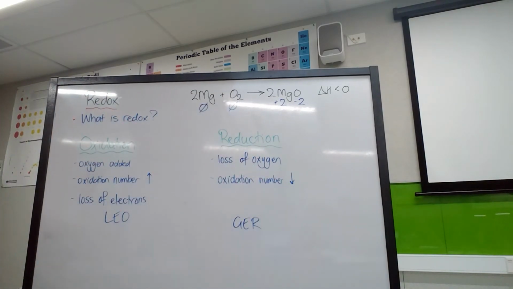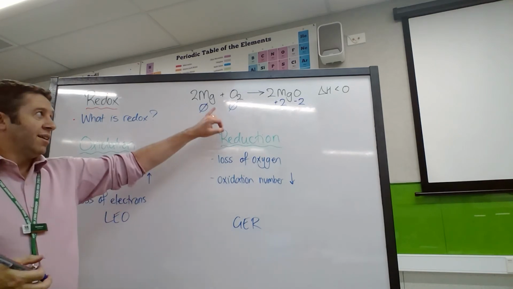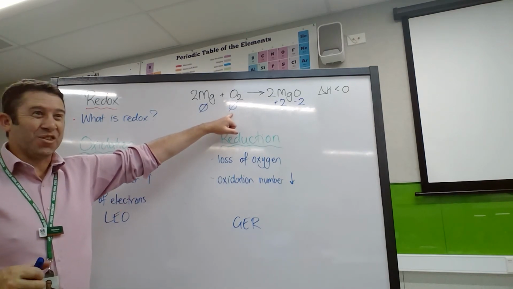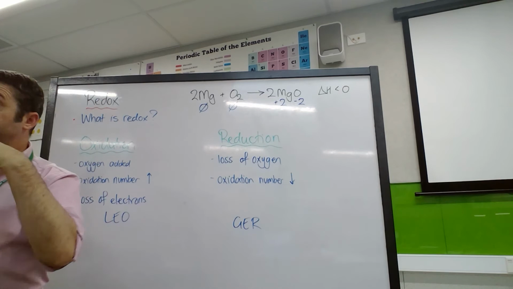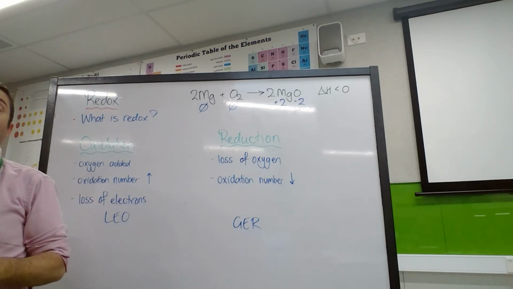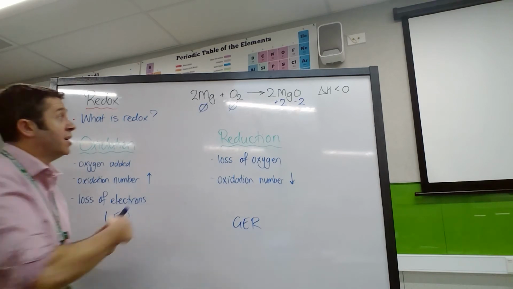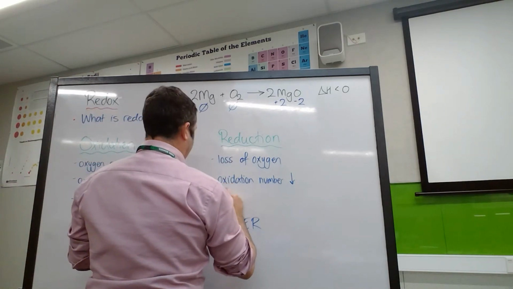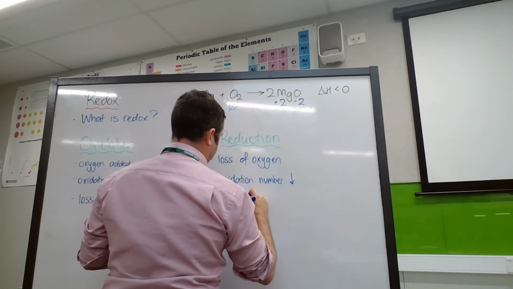And the oxygen has gone from having, doing this maths very quickly, 8 electrons that are associated with it to having 10 because it has a stronger pull on that ionic bond, hence being ionic. So it has gained those electrons.